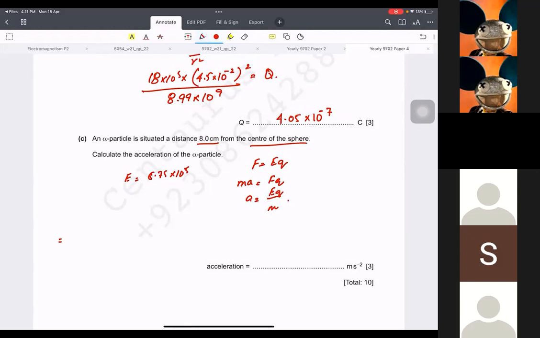So this is 5.75 times 10 raised to 5. The charge on it, an alpha particle, is 2 times 1.6 times 10 raised to minus 19. And the mass of the alpha particle is 4 times 1.66 times 10 raised to minus 27. Can you find A?